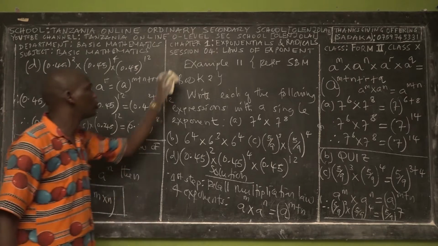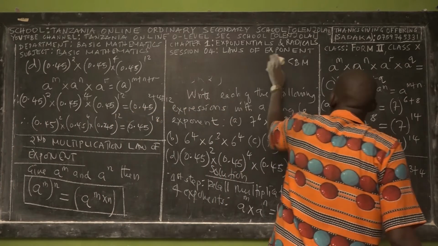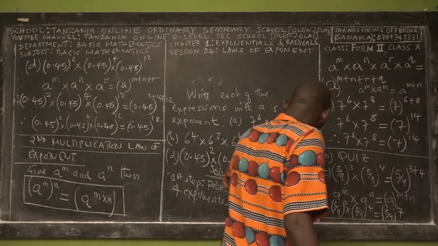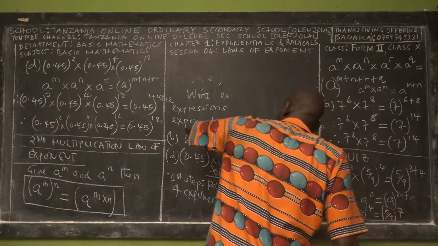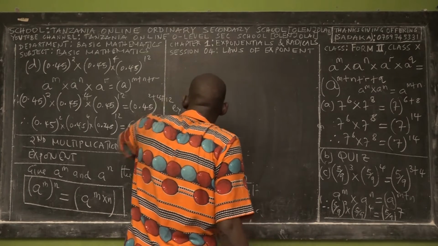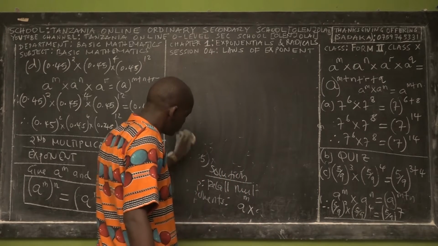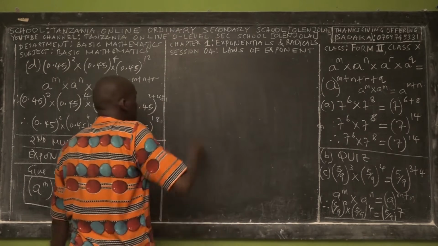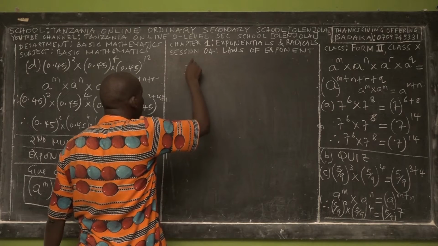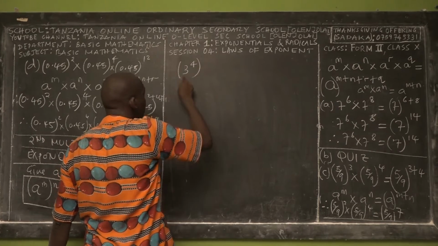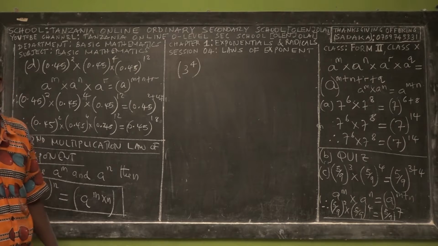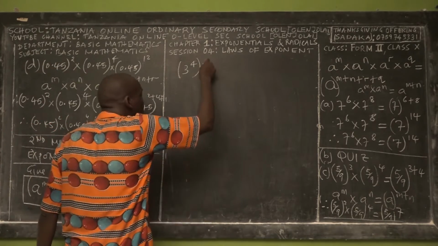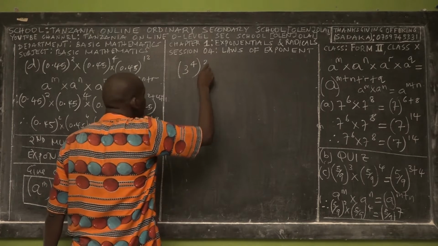Don't worry, I will give you an example, and you'll understand. Let me clarify, because I know that for many students the concept is not clear. What does the second law mean? For example, if you've been given 3 power 4, this is the power form of an exponent. This is the base, this is the exponent. But again, we have another exponent outside of the bracket, which is 2.